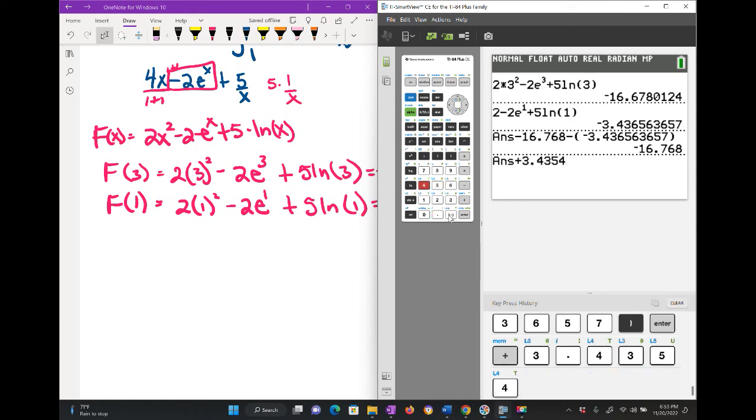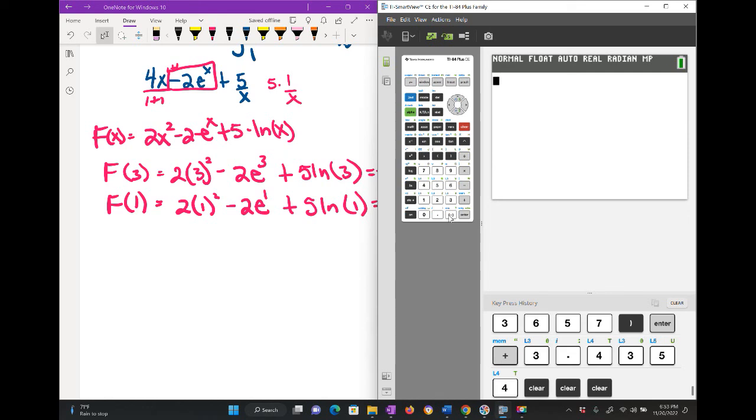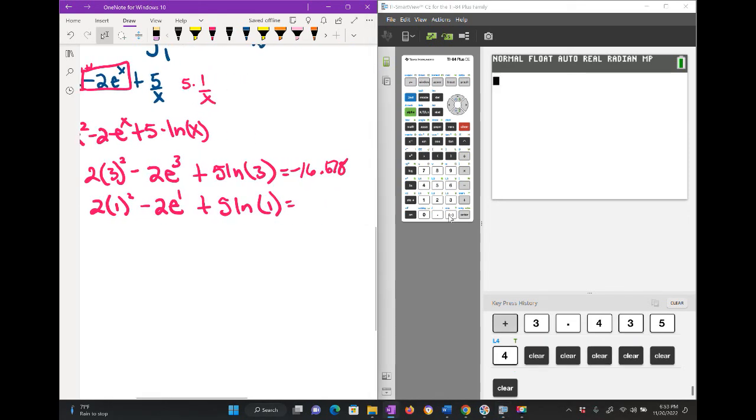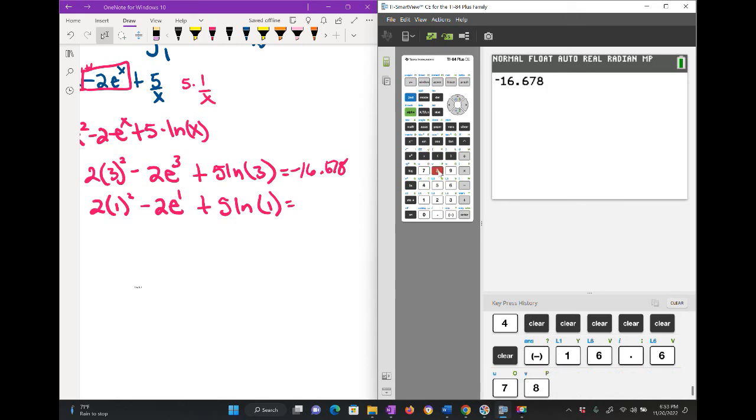Oh goodness, I don't like mistakes. Let me go back. Negative 16.678. So minus 16.678, and it becomes plus because it's a double negative. So it's minus, and what was it that I had?